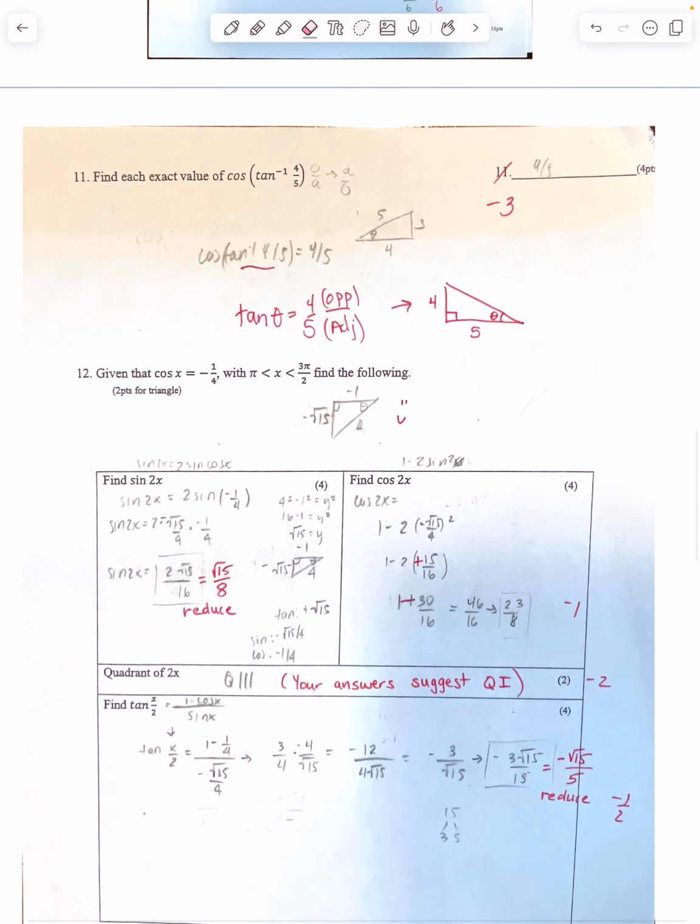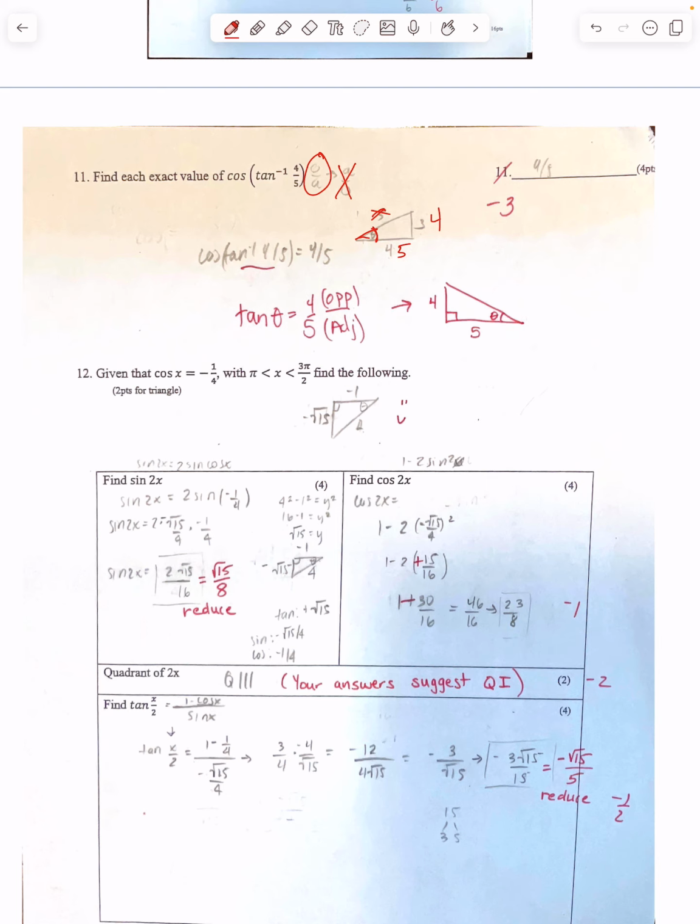On number 11, let's see what happened here. So the tangent of theta, you're looking for an angle whose tangent is 4/5. Tangent is opposite over adjacent. I'm not sure why it flipped if you were just struggling, like couldn't remember which way. So if this is the theta you've picked, the opposite should be 4 and the adjacent should be 5, which means the hypotenuse won't be 5.